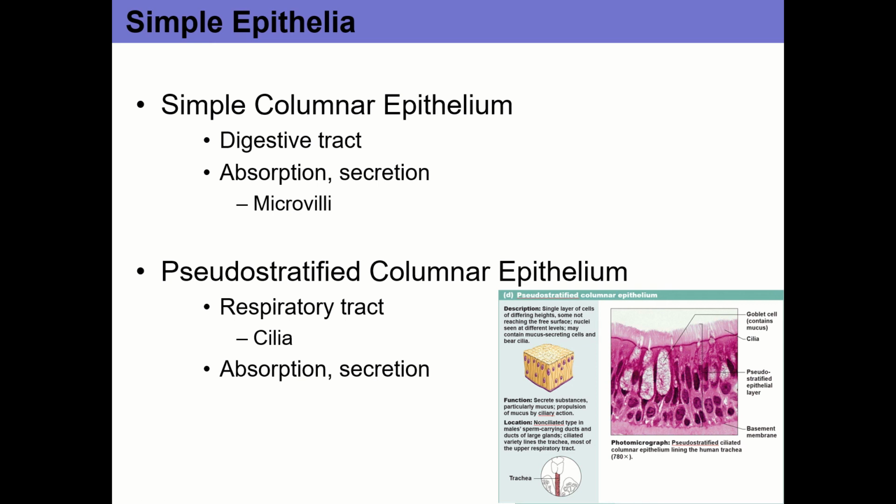And then you can see the cilia here. Cilia are like microvilli, except that whereas the primary purpose of microvilli is increasing the cell's surface area to absorb things, cilia are more muscular, if you will. They actually contract and beat. These little extensions pull down, and you get waves of contraction of the cilia, which pushes things along the respiratory tract. Typically we push things up the respiratory tract.